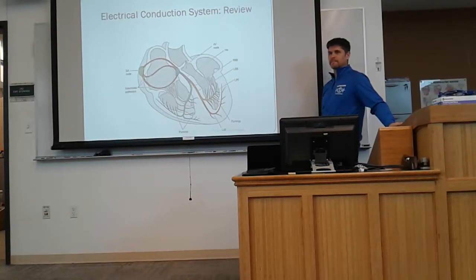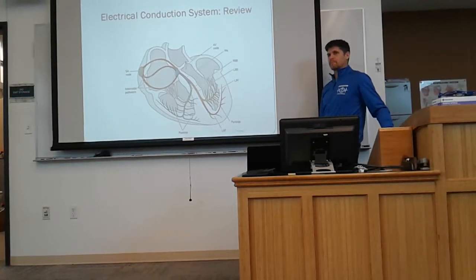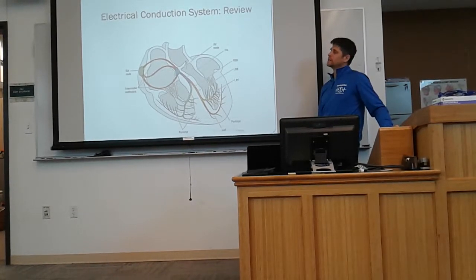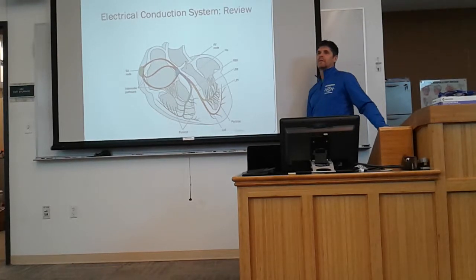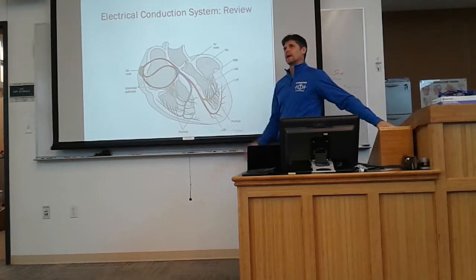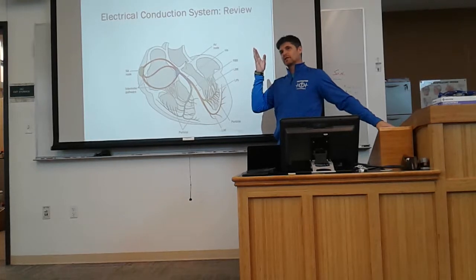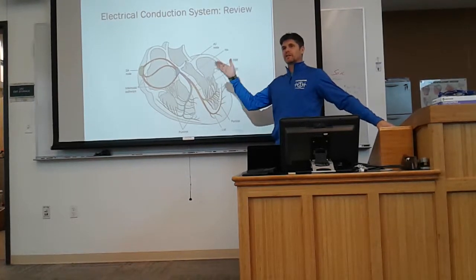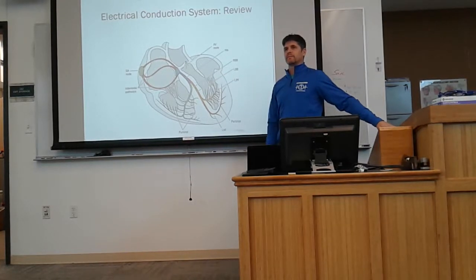So when you're talking about block, specifically bundle branch block, you are not talking about ischemia. When I say that it's blocked, I mean that there are cells that are no longer able to transmit their ions through gap junctions to the next cell.